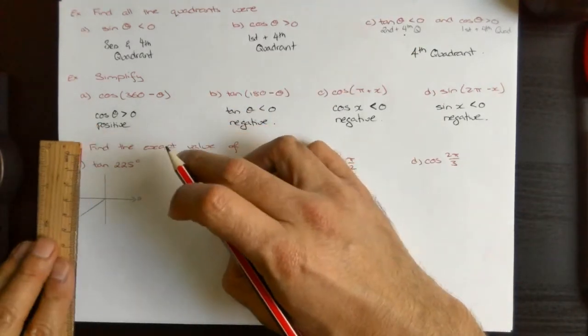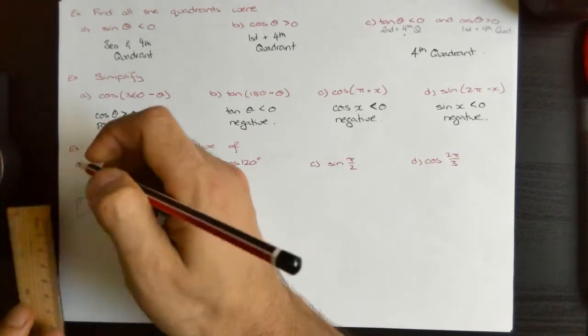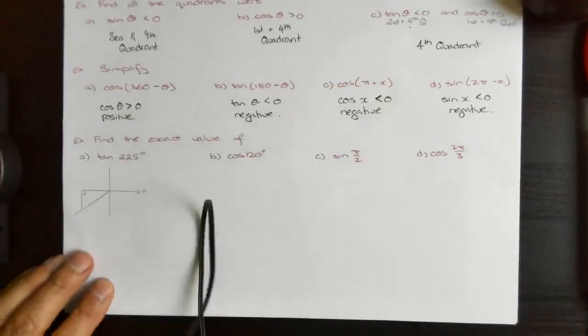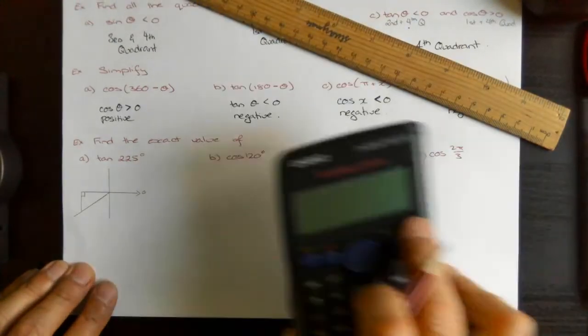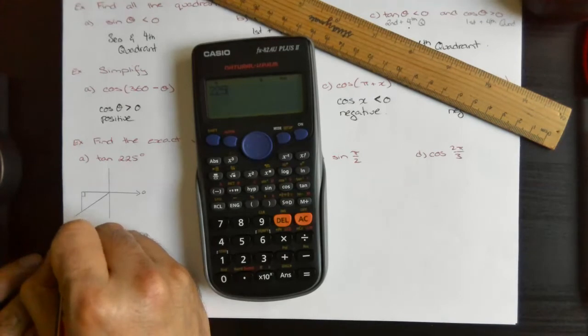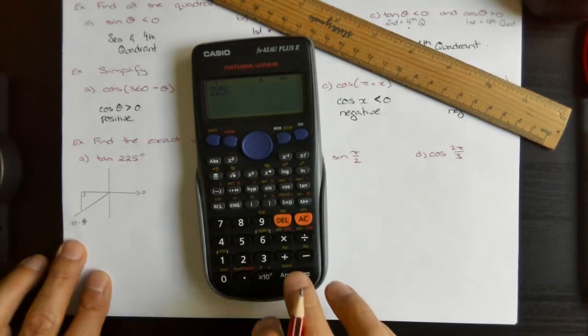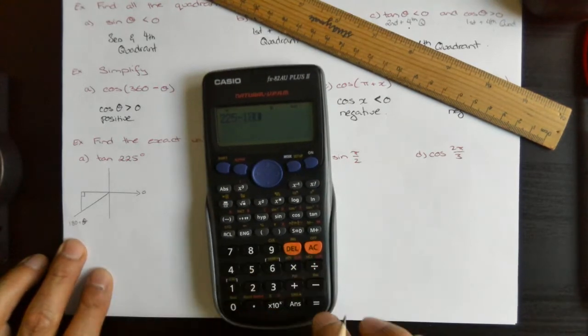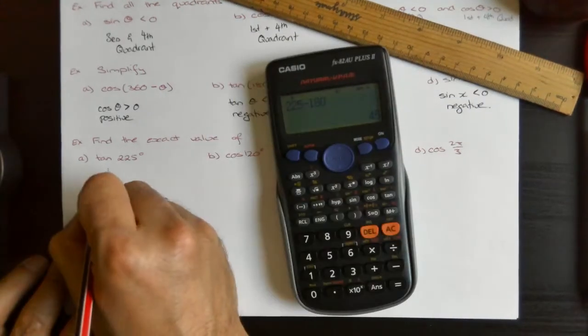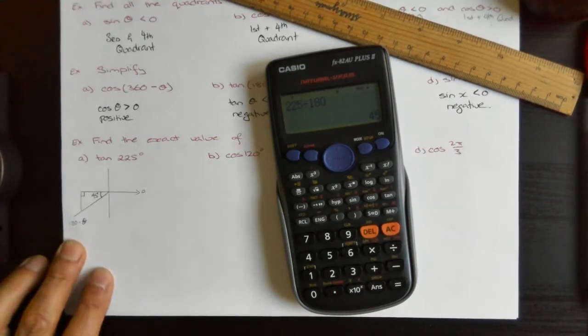Okay, and what I do is try to make a right angle triangle, and then I think, well, 225, because this is 180 plus theta, I'm going to minus 180 from it. And I calculate that this angle here is now 45 degrees.